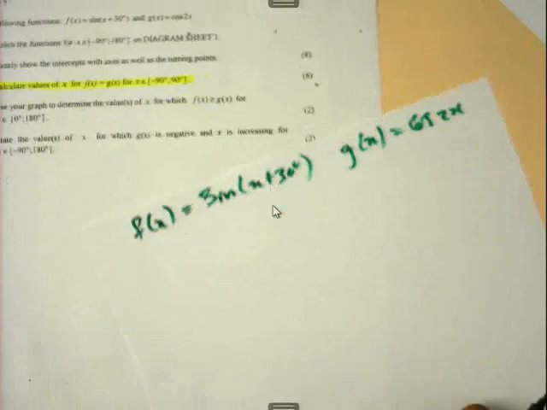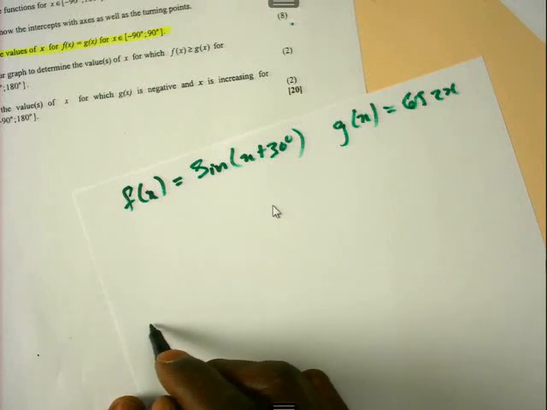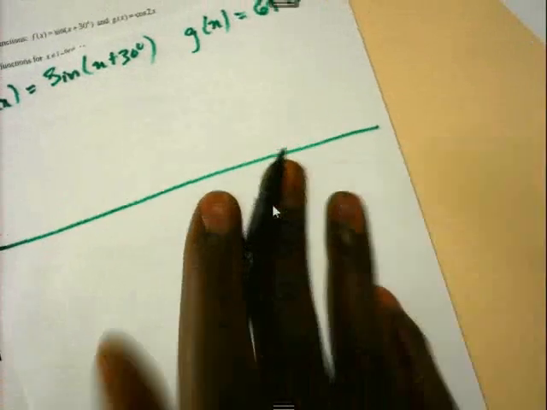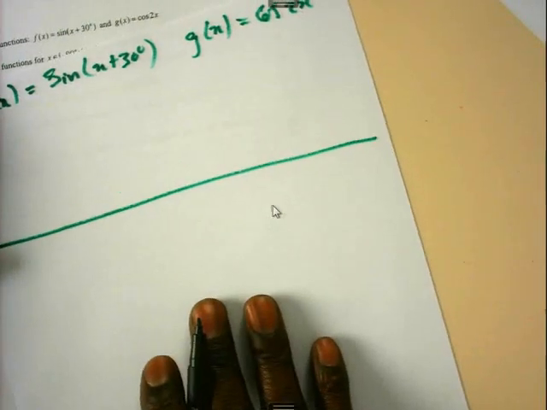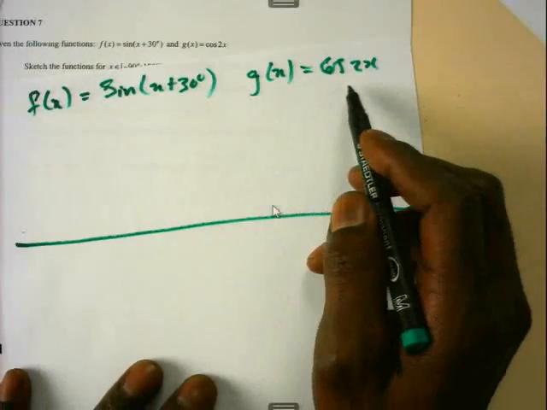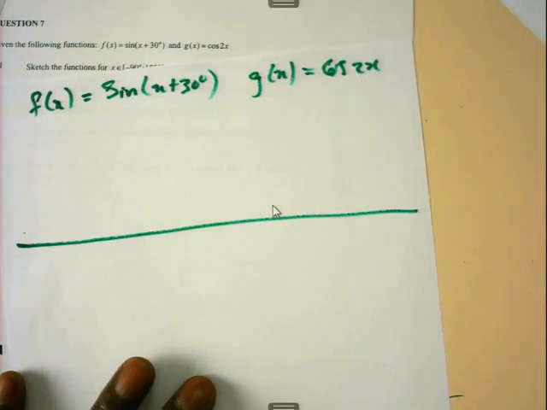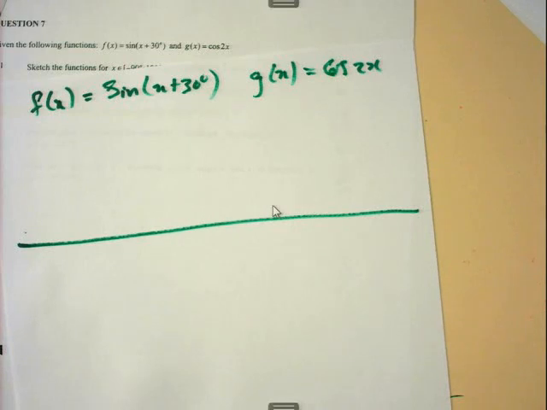Right. Now, we want to draw the two graphs on the same set of axes. What we should be careful about is the graph of g(x) = cos 2x. That 2 is going to affect our period, and as a result is forcing us to adjust our scale.